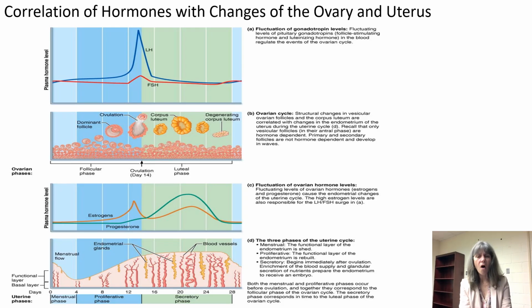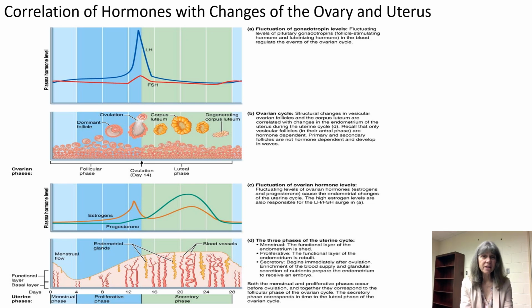And if you look all the way down at the very bottom, you can see the uterine phases, the menstrual phase where the hormone levels are relatively low and stable, and how that changes as we get into the proliferative phase where we've got that spike in estrogen and progesterone starts to climb a little.